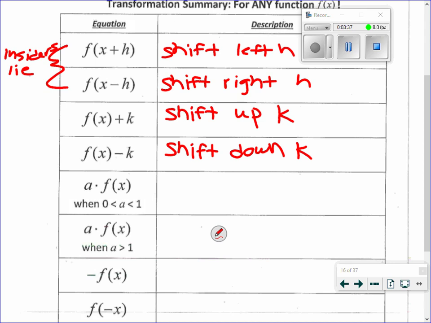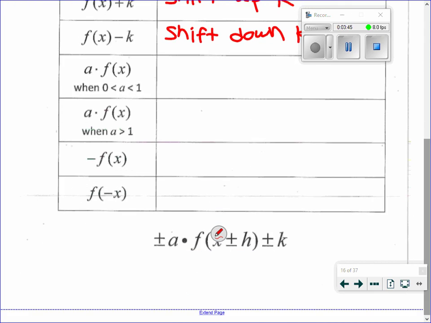How did the graph change when a negative was put in front of f of x? That'll be down here. When we had a negative in front of our function, what did you guys notice? How did that graph change? The graph would flip across the x-axis. Good.